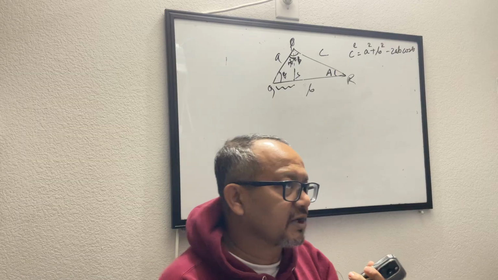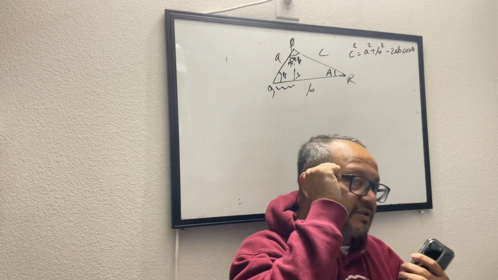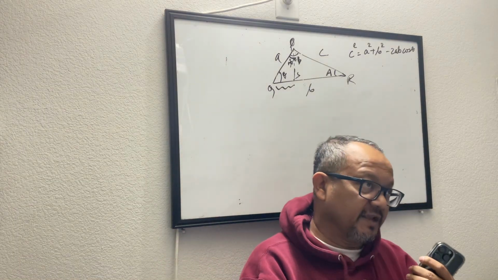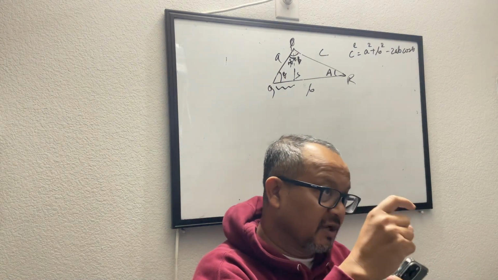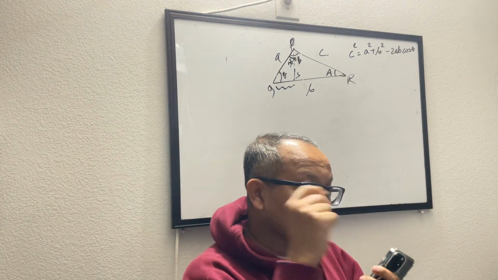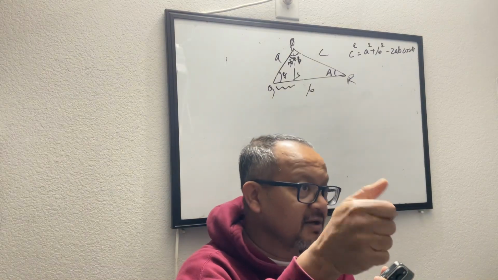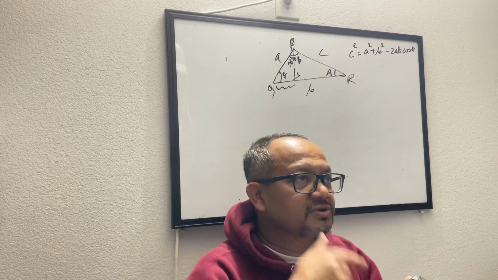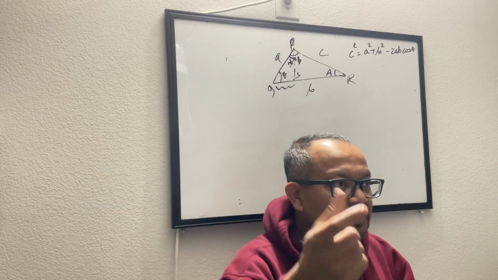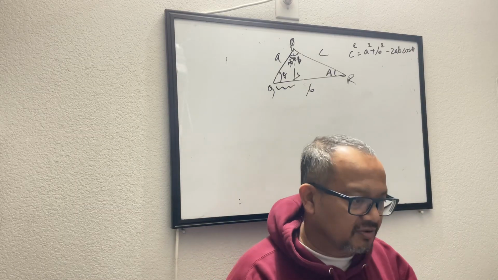Law of sine says sine of A divided by A, that is a theta, the angle in question, divided by the side opposite to that, equal to the second angle, sine of that divided by the second side, which is the side opposite to that angle, equal to the third angle, sine of that angle divided by the side opposite to that.